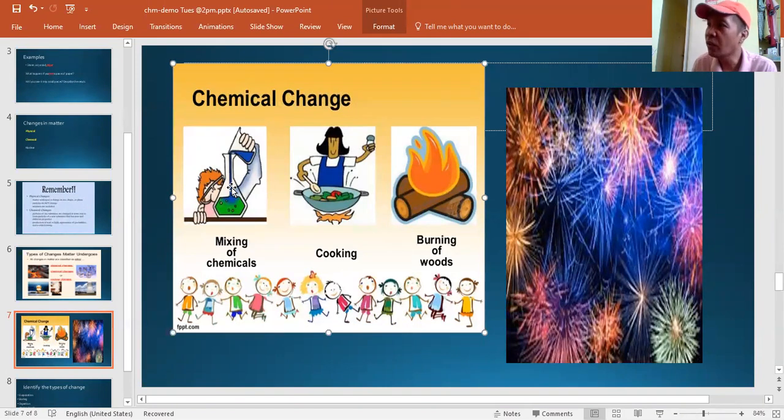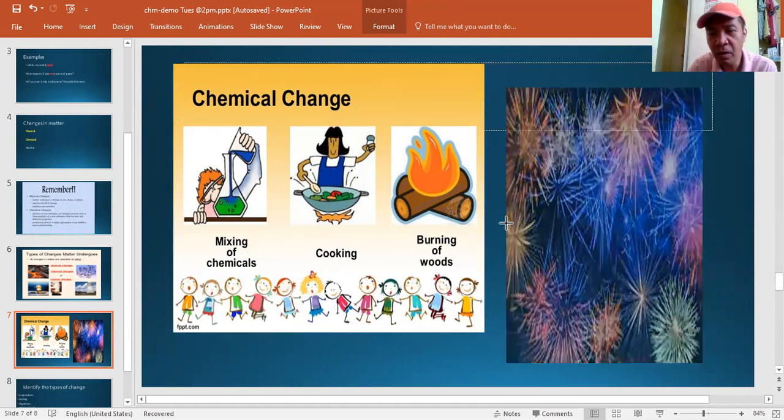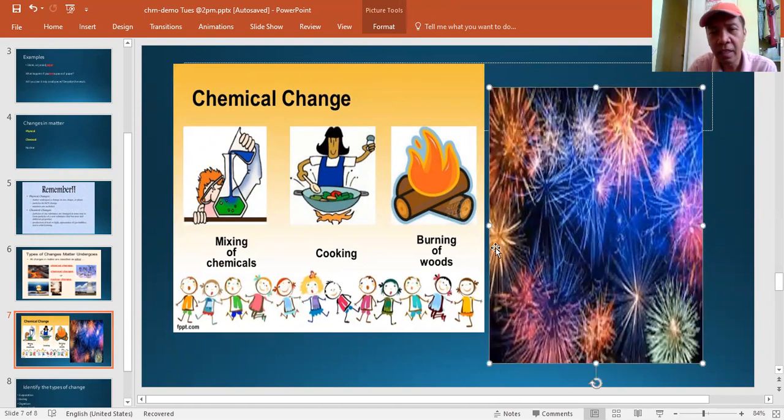What will be the reaction? Blue and green. Blue green will be what substance? Yes, copper sulfate. Then cooking. Of course, burning of food. What about this? Firecracker explosion. This is chemical change, and this is nuclear change.